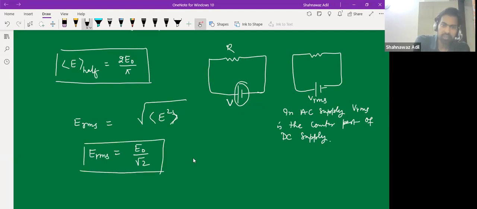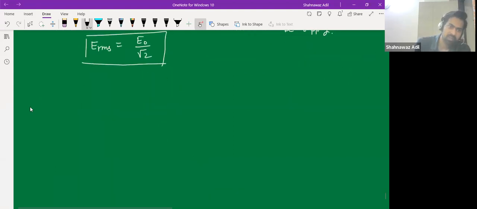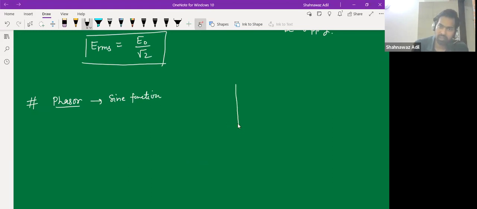And then we understood the phasor diagram. We understood what a phasor is, which behaves like a sine function, and we drew the phasor diagram of an AC supply.